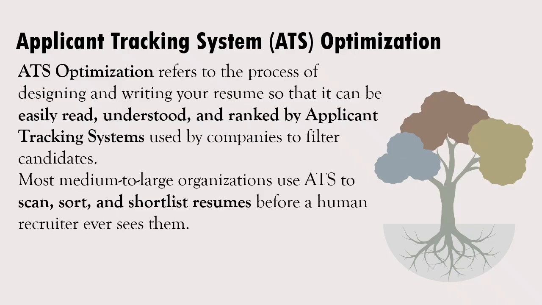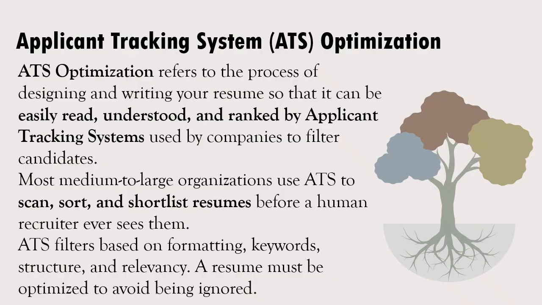Most medium to large organizations use ATS to scan, sort, and shortlist resumes before a human recruiter can see them. So it filters based on formatting, keywords, structure, and relevancy. A resume must be optimized to avoid being ignored. So this is what is meant by ATS optimization.